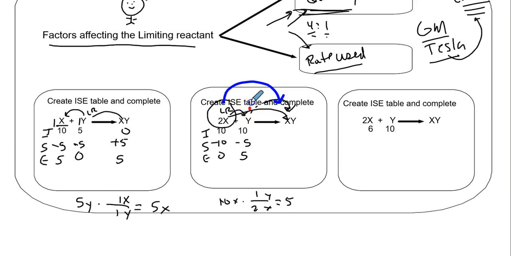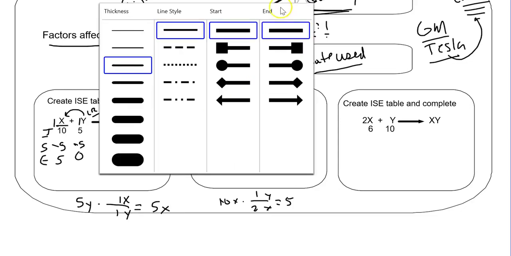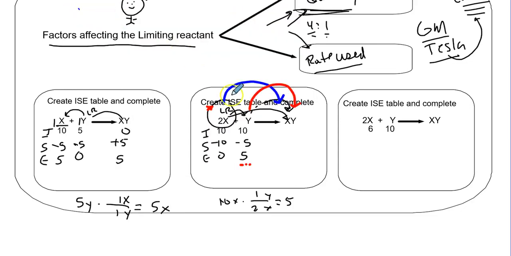If I jump from here to here, it would be like saying, if I consume all my Y. Now that's a big if, because you notice we don't consume all our Y, but if I did, how much would I get? So it's kind of hypothetical at this point because we're not using all our Y's. So everything is based off of the limiting reactant, not the excess reactant. And that's a common misconception or common problem.